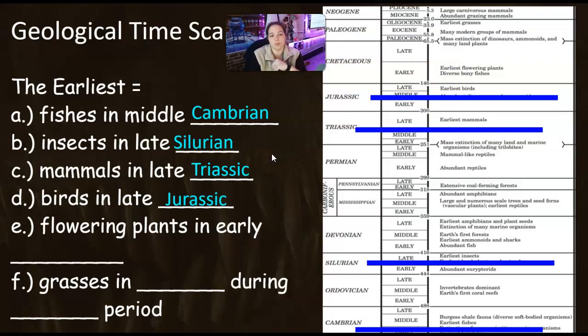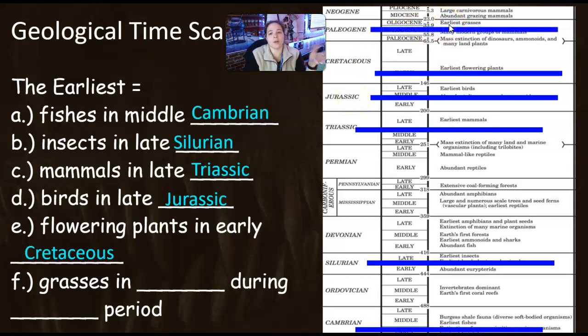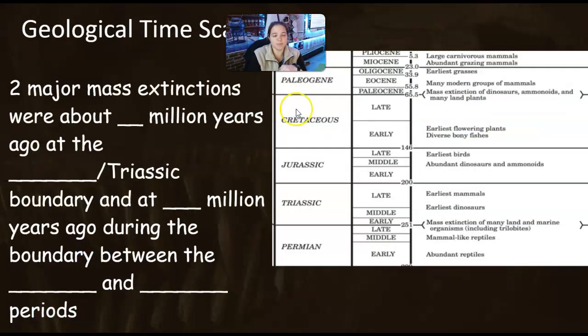Flowering plants have to be before that. Nope, look, there's the flowering plants in the early Cretaceous. How about grass? Grass has to be there because we saw it in Jurassic Park. Nope, grass is all the way up here in the Oligocene, in the Paleogene period. Kind of crazy, right?